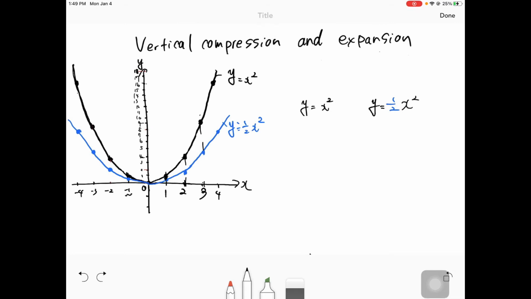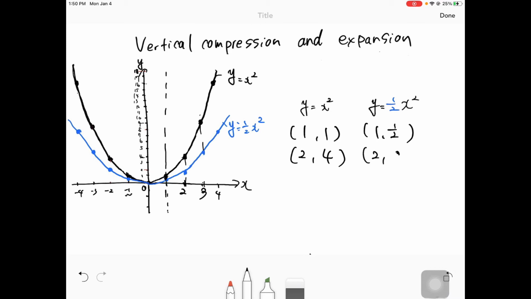So again, let's focus on each point with fixed x values. When x equals 1, the y value here is 1. Here, the y value is 1 over 2. When x equals 2, the y value is 4, and here it is 2. When x equals 3, the y value is 9, and here 9 over 2.